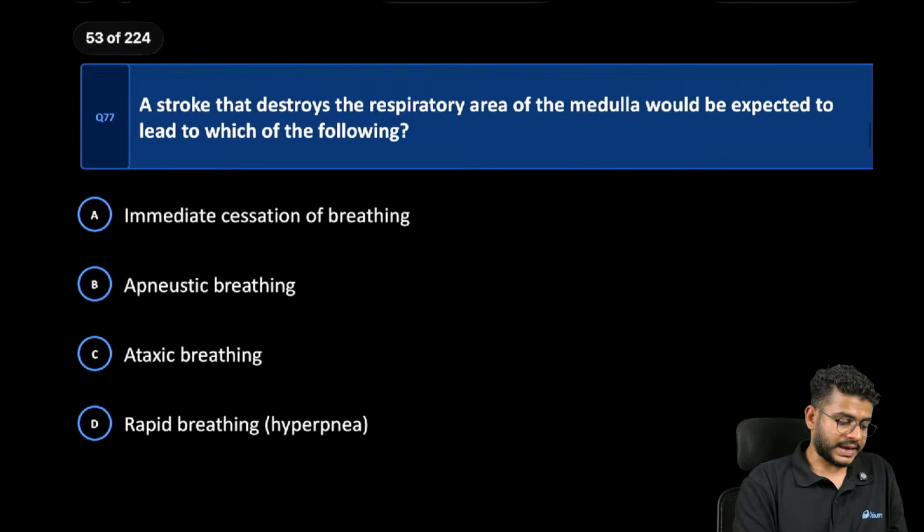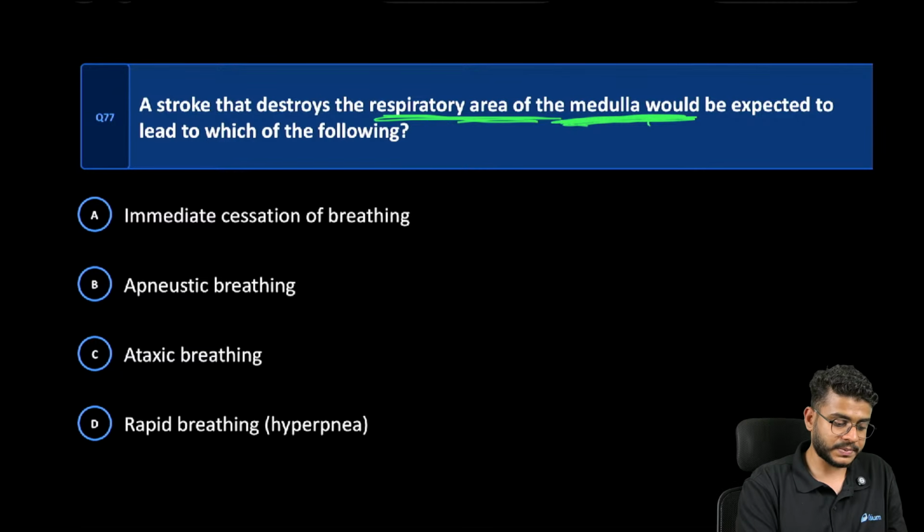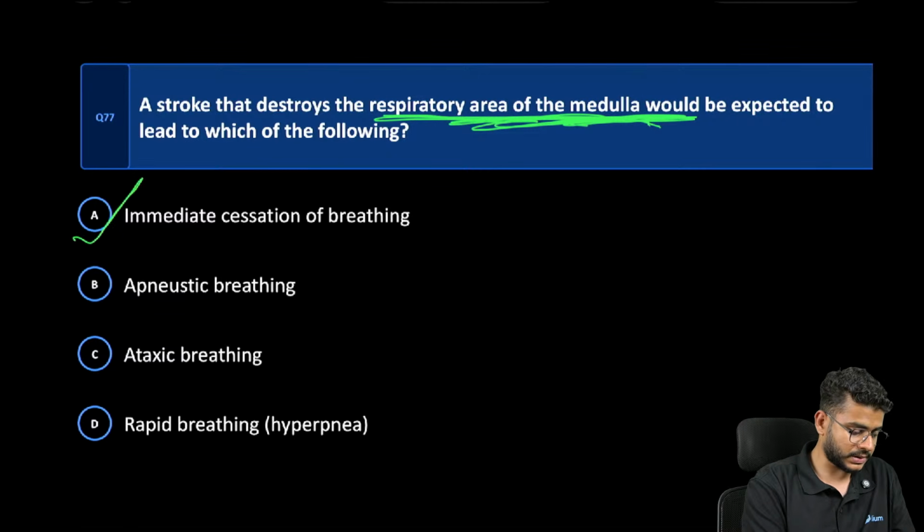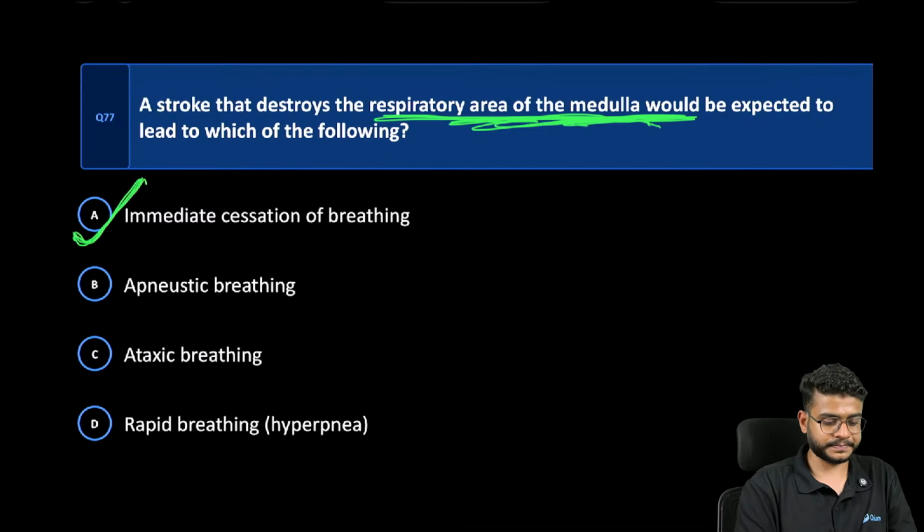Okay, next question. A stroke that destroys the respiratory area of the medulla, the whole respiratory area of the medulla, is expected to lead to which of the following? So the respiratory centers are destroyed, so no more breathing takes place. Immediate cessation of breathing is the correct answer.